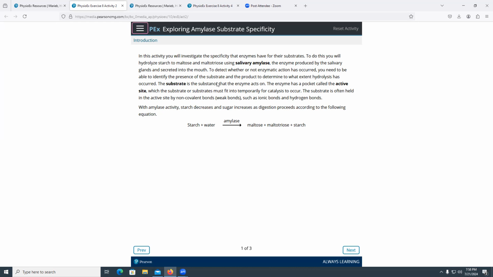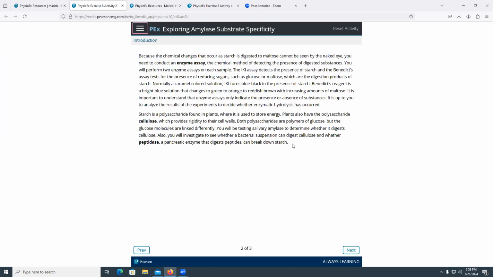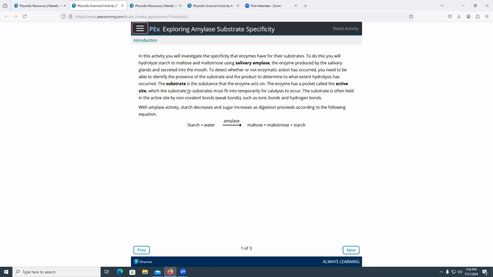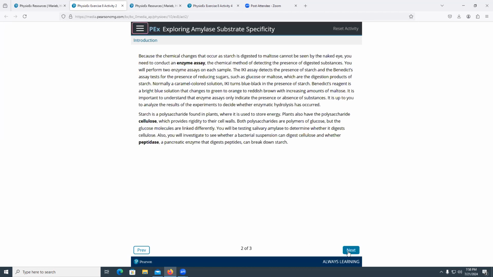So the substrate is a substance that the enzyme acts on, and it has a pocket, an active site, in which the substrate must bind, and these are non-covalent weak bonds, such as ionic bonds and hydrogen bonds. And you can read through that, but some questions on the pre and post lab will ask what kind of bonds are on the active site of the enzyme. Are they covalent or non-covalent? So these are weak bonds, non-covalent bonds.